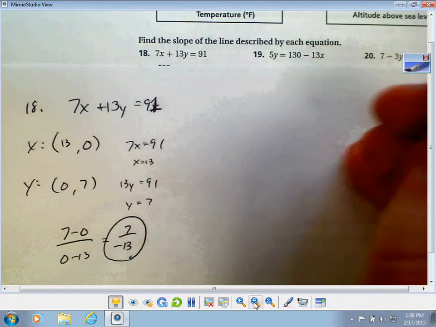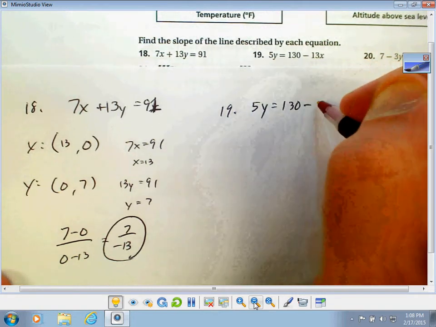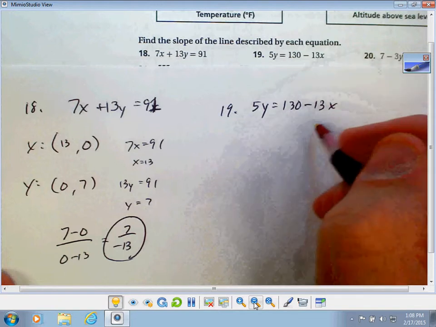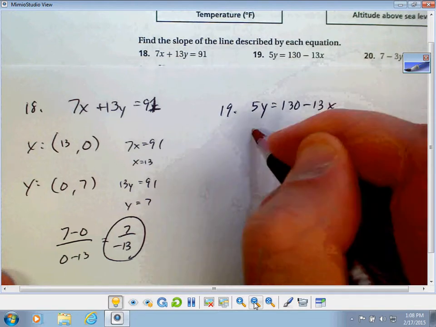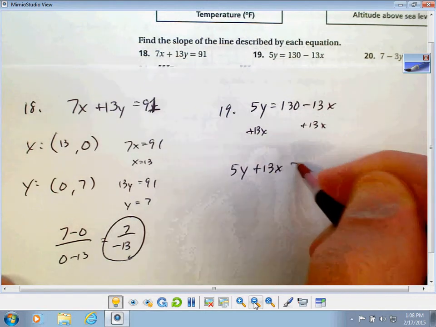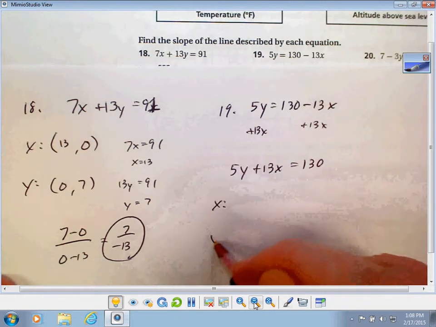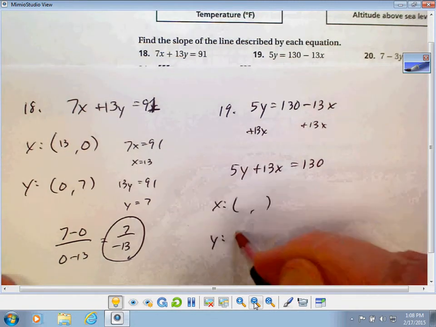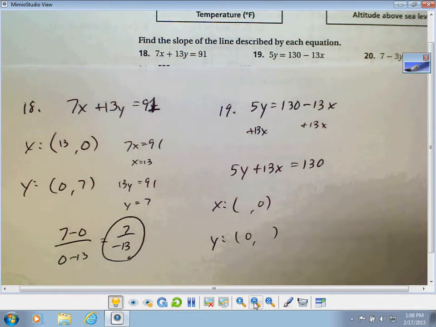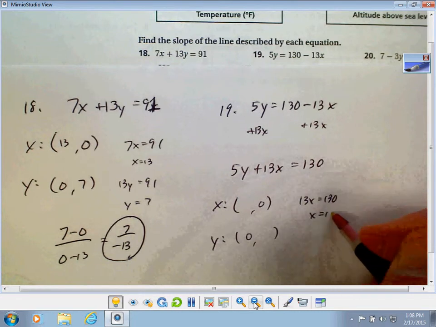If you go to number 19, 5y equals 130 minus 13x. Here again we have that issue with the 13x being on the wrong side. I'm going to add it away to both sides. 5y plus 13x equals 130. And now I'm ready to solve it just like before. To do this one, it would be 13x equals 130, so x equals 10.